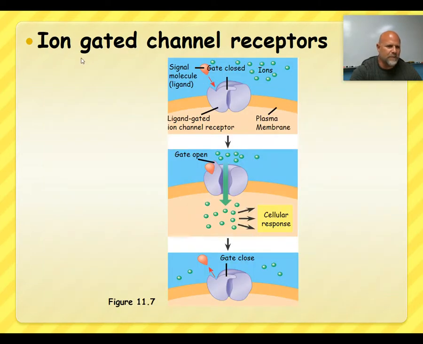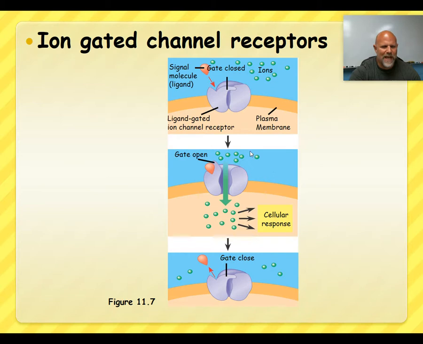And then the last one is an ion-gated channel. Basically, you have a channel that has a closed gate. But when you bring a neurotransmitter, usually, up to bind to that, it opens the gate so that ions can flow in.